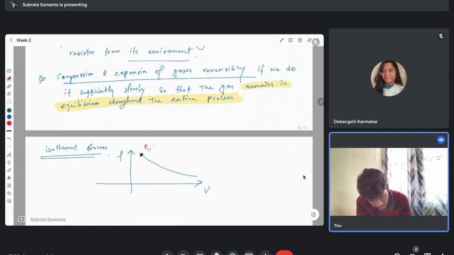This is one equation of state at a particular temperature T1. For the second state, we say P2, V2, but the temperature is constant.